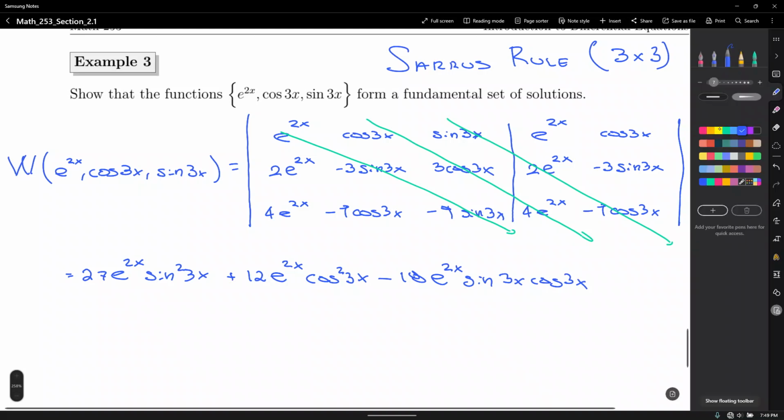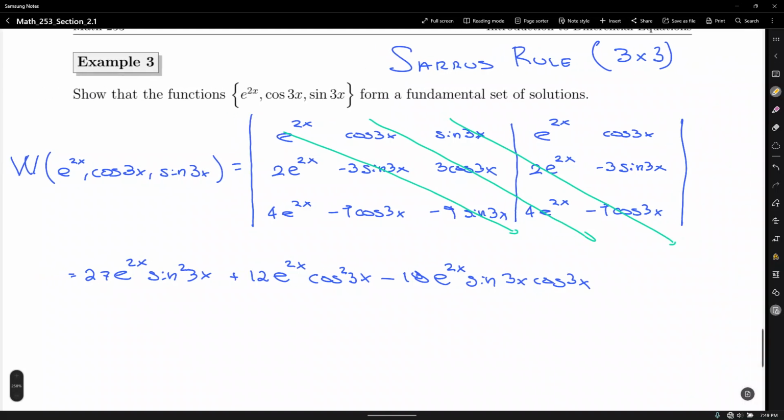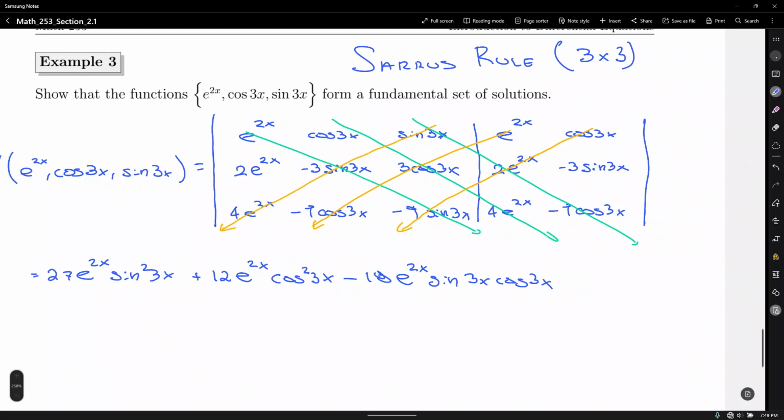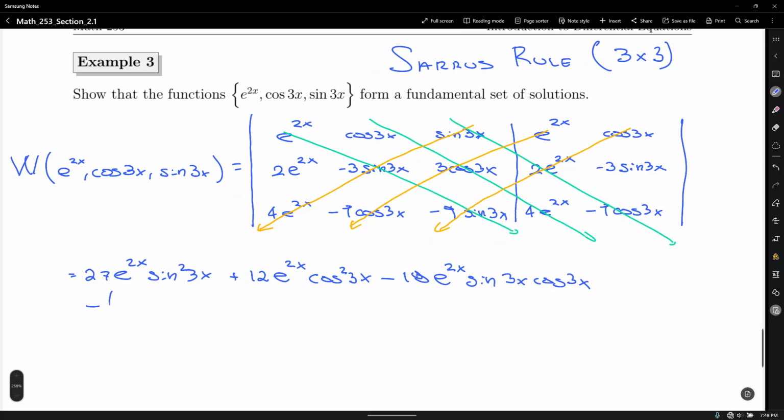Let me use a different color for the second part of the problem. Multiply this 3, multiply this 3, and multiply this 3. Okay, so I'm going to subtract. However, be careful when subtracting, open parentheses, because this subtraction will affect these three operations we're going to do. Okay, so 2 times negative 9, what is that?